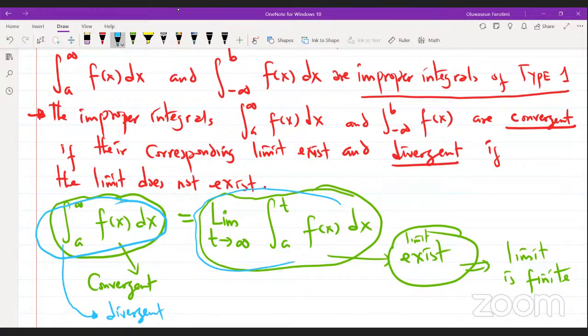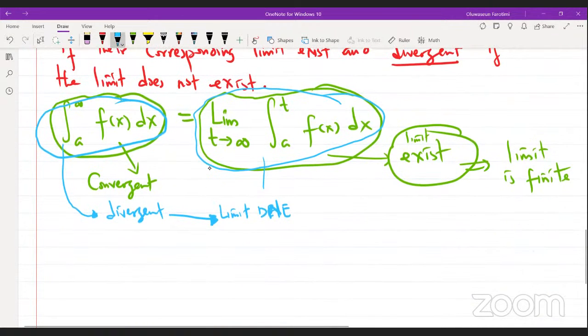When the limit DNE, does not exist. Let me use an arrow to connect this. Keep that in mind, guys, because we need that idea and that understanding. If the limit does not exist, of course, it gives you something like negative infinity or infinity.